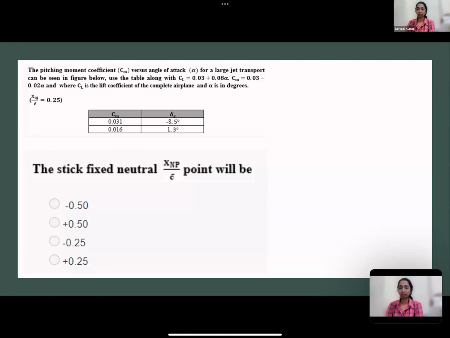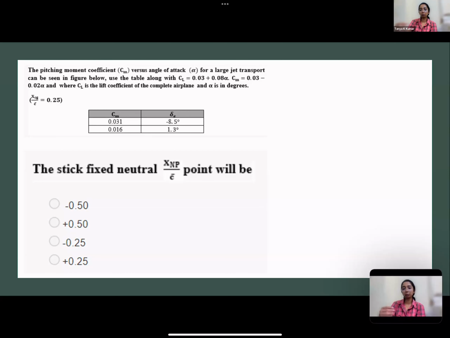Sir has mentioned this in his class, and we will be discussing stick free neutral point in the next week.